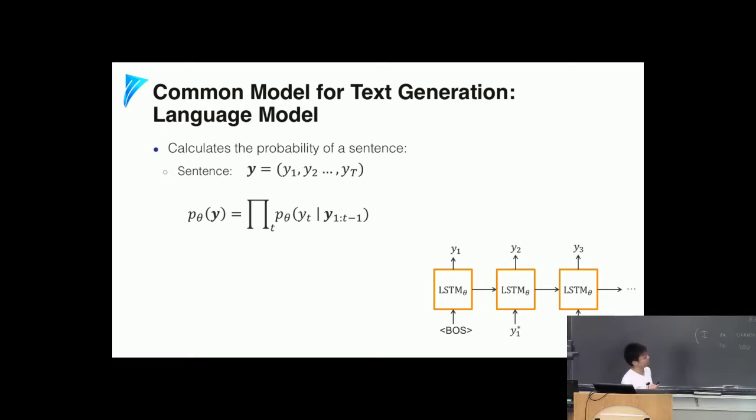Given a sequence of tokens, a language model decomposes the probability across this sequence of tokens. And for each step, we model this conditional distribution, the distribution of this token conditioning on the previous tokens. There are many ways to parameterize this conditional distribution. For example, we can use an LSTM recurrent network. This is the very basic language model, but it's the most commonly used in practice.